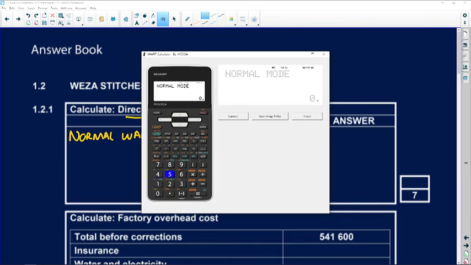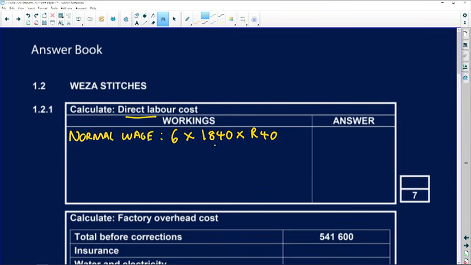Let's do that: 6 times 1,840 times 40 Rand per hour, and the normal wage is 441,600.